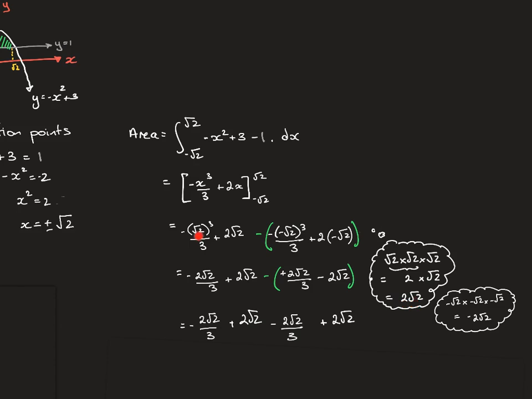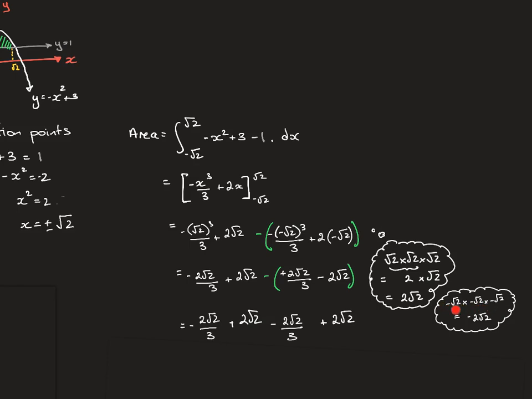You can see that my negative stays out the front. The square root of 2 cubed is 2 root 2. I've also got the negative of the negative square root of 2 cubed. The negative square root of 2 is negative root 2 times negative root 2 times negative root 2.